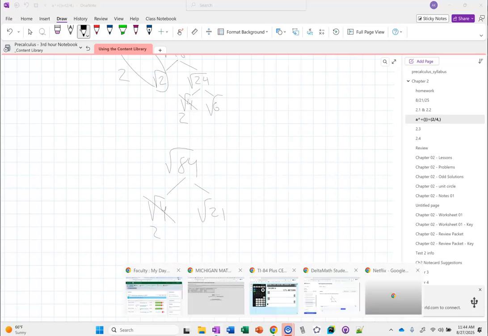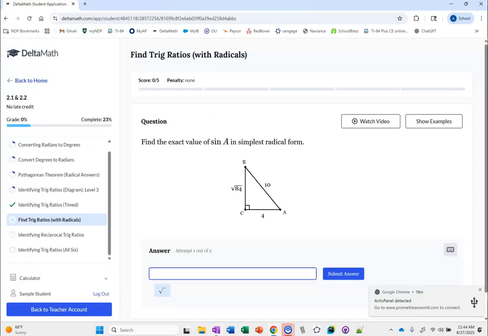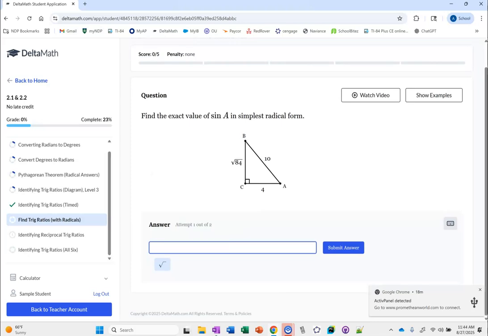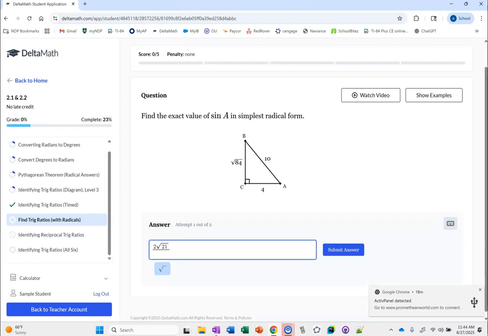So I'm going to have 2 root 21 over 10. What's the problem though with what I just wrote?